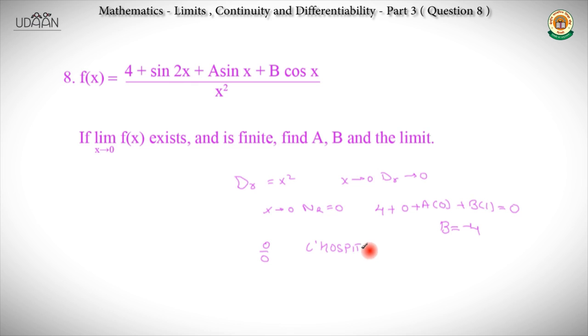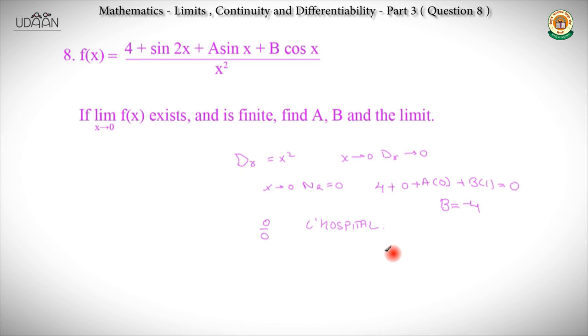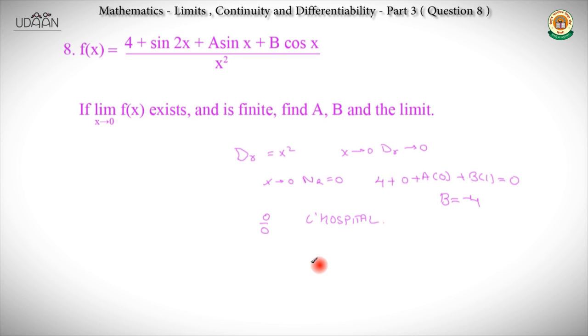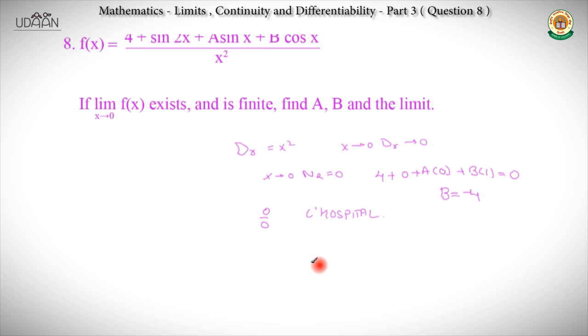L'Hospital rule will come in handy when the 0 by 0 format is there, and it makes our work very simple. But we must always keep in mind that the functions involved are differentiable, and we can see that sine 2x, sin x, cos x, x square are differentiable at x equals 0.